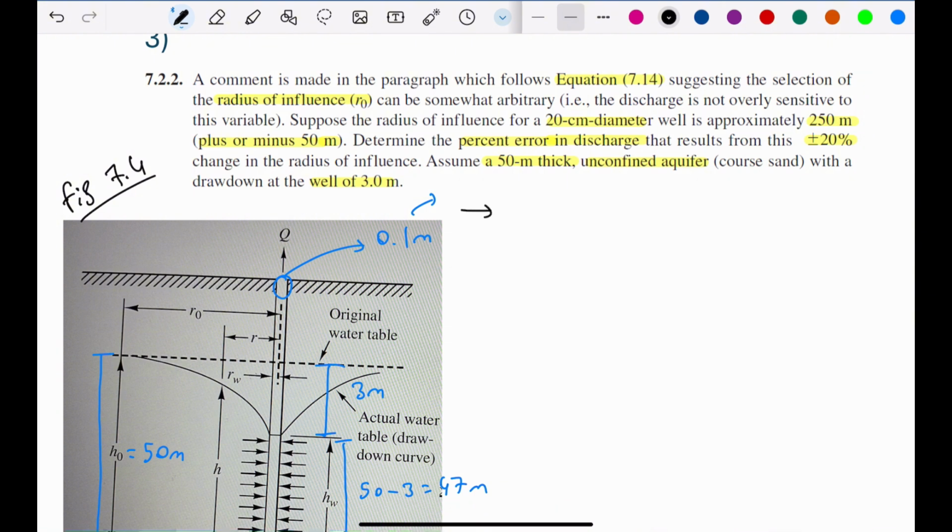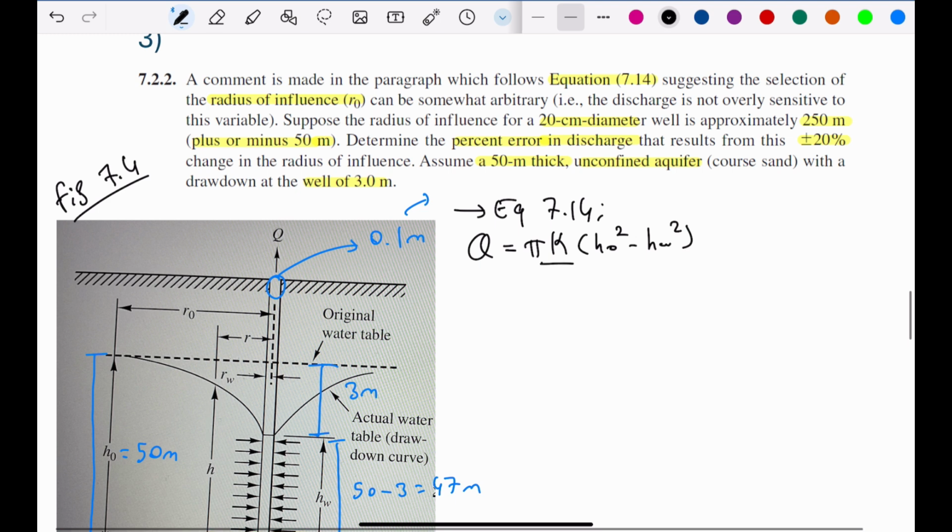So we need to apply equation 7.14, which says that the discharge is equal to pi times k times HO square minus HW square over ln radius of influence over radius of well.